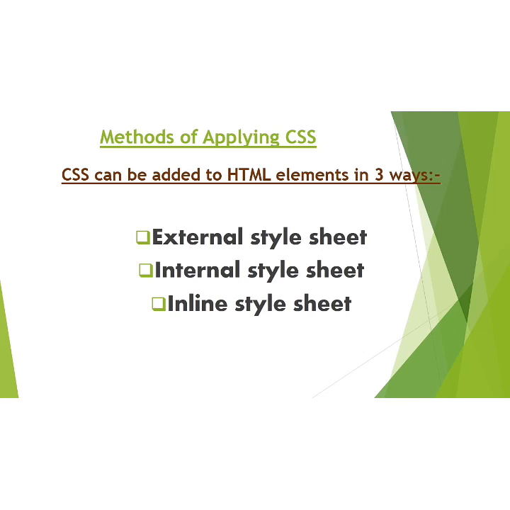Let's see methods of applying CSS. HTML provides 3 different ways of applying CSS: external style sheet, internal style sheet and inline style sheet. One by one we will learn about different ways of applying CSS.